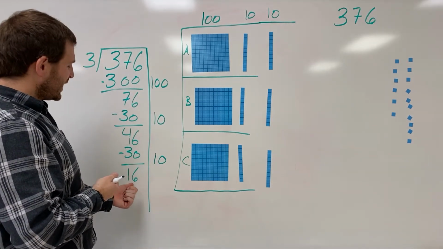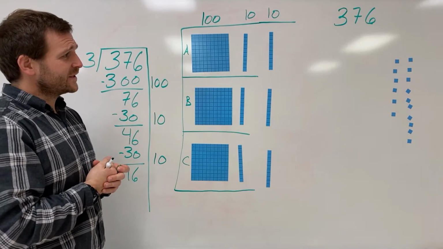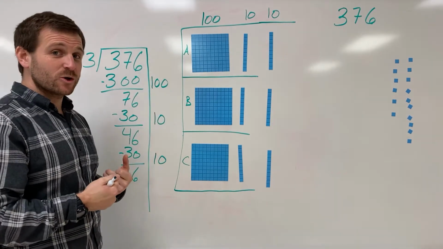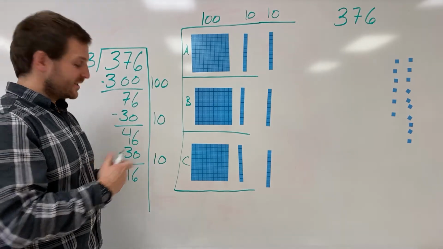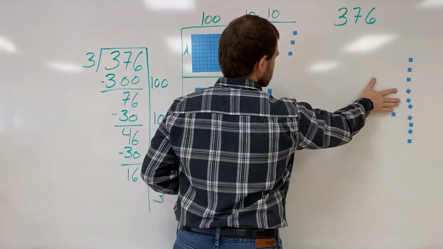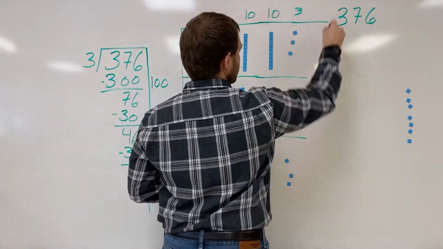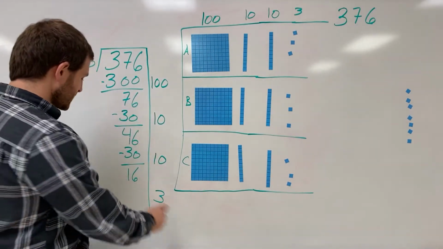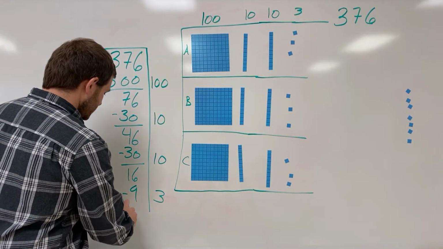So let's do, I got 16 divided by 3. So I know that I can put 3 in each group, and that's only going to total 9. So I'm going to take groups of 3. If I take groups of 3, 3 groups of 3 is going to give me a total of 9.